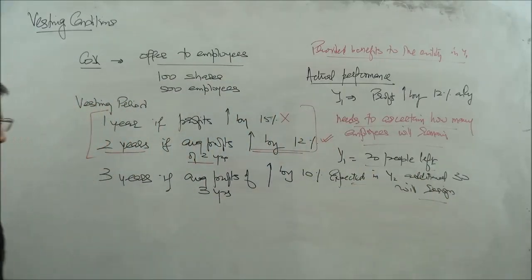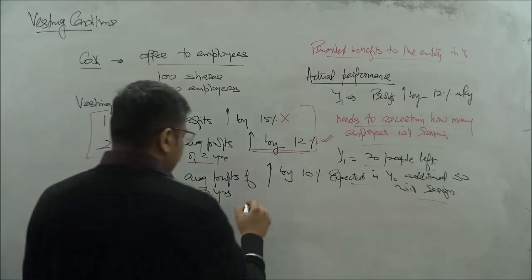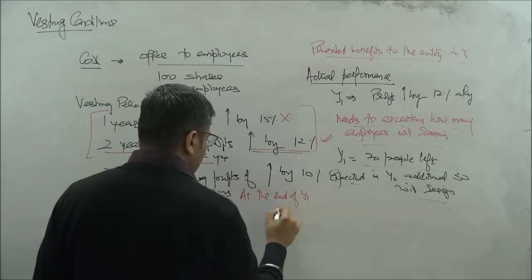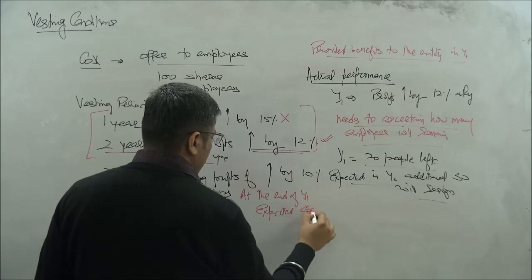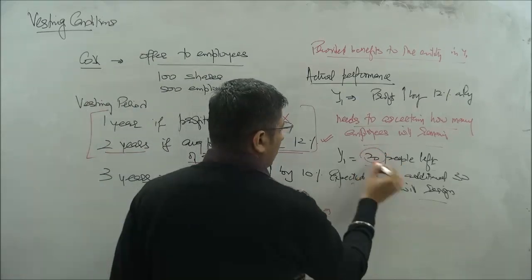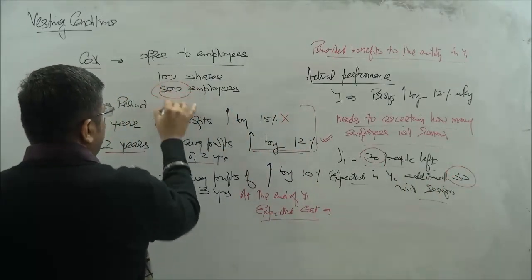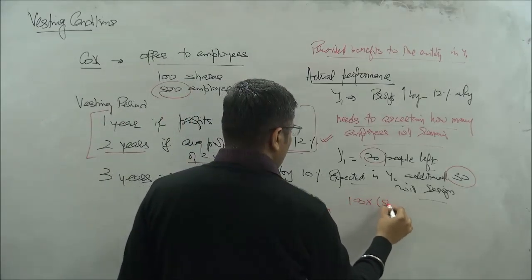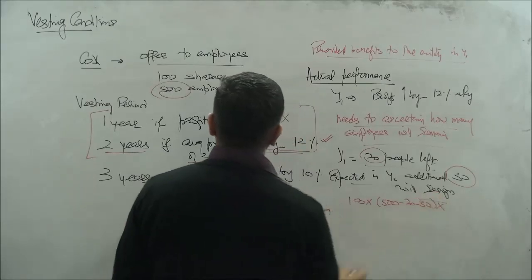It means that at the end of year 1, that's what we need to do the accounting for. So at the end of year 1, the expected cost should be 20 gone, 30 further expected to go out of 500. It means 100 shares into 500 minus 20 minus 30.